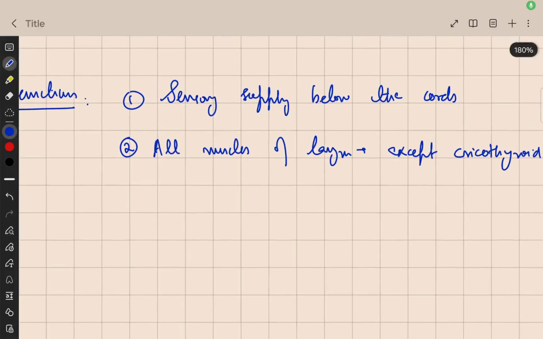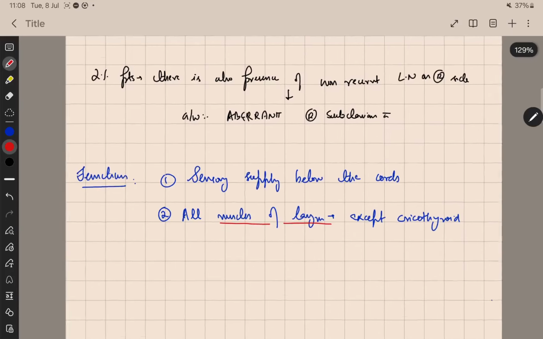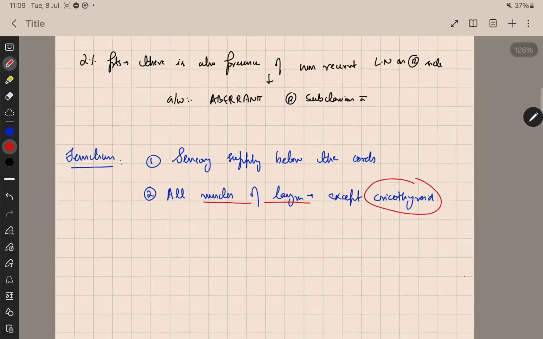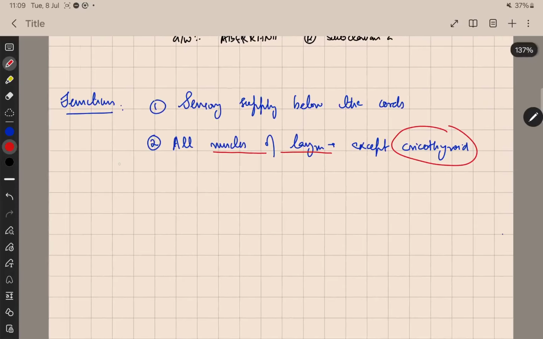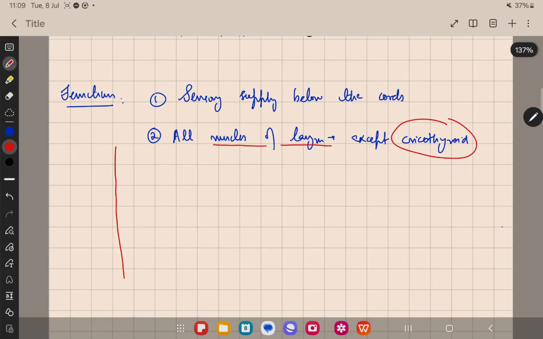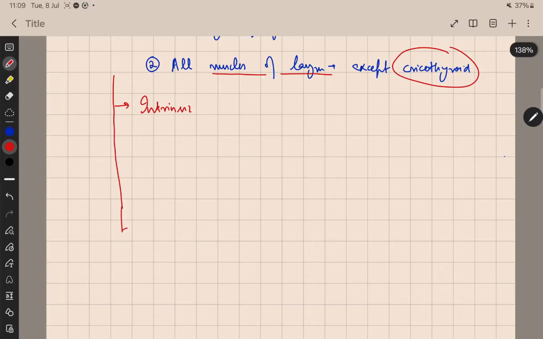So let us just revise the muscles of larynx. We know now that recurrent laryngeal nerve supplies all muscles of larynx except the cricothyroid. So what are the other muscles of larynx? If you don't remember, then let us revise again. Laryngeal muscles are divided into intrinsic as well as extrinsic muscles, right?